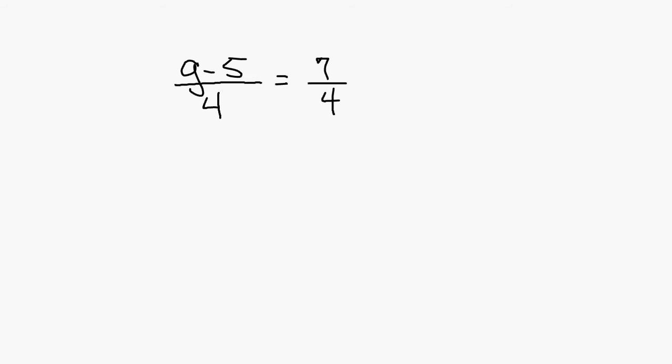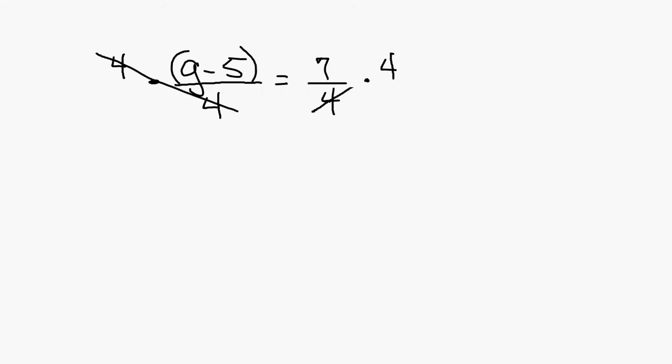Again, you're trying to isolate the variable. You're trying to get this by itself. So you're going to do that by multiplying both sides by 4. Now watch what happens here. The 4's on the left cancel. And look on the right. Same thing's going to happen.